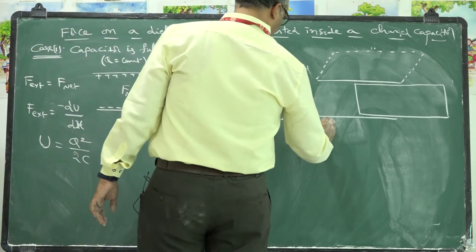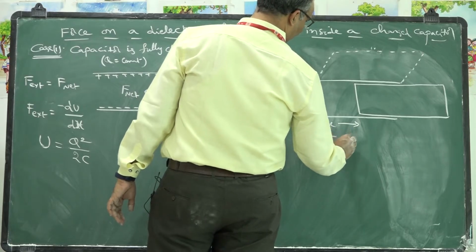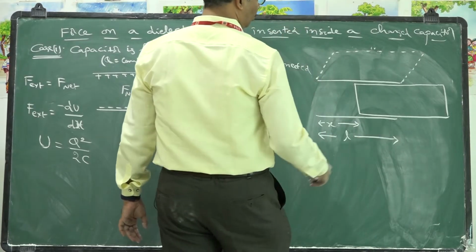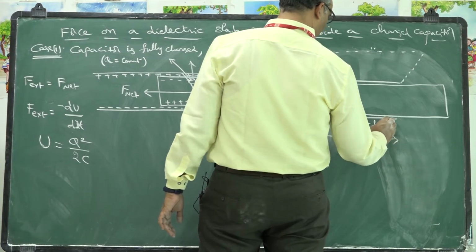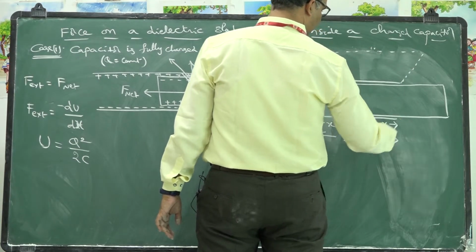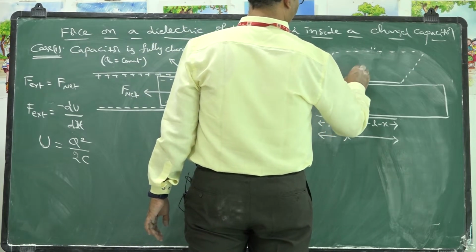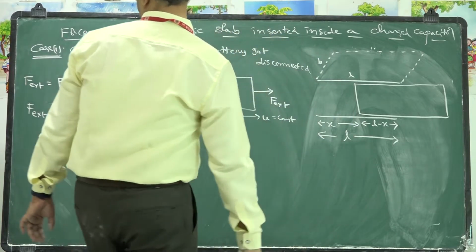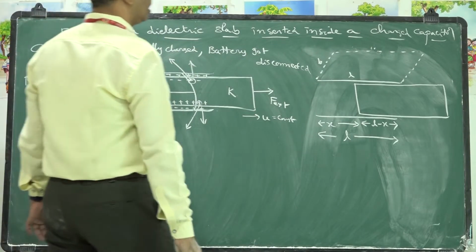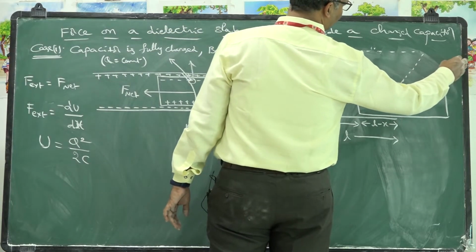Take this distance as x. The total length of the plate is L, so obviously the length of dielectric available inside the capacitor is L minus x. The breadth of the plate is B, and the dielectric constant of the dielectric is K. In 3 dimensions you may imagine it like this.